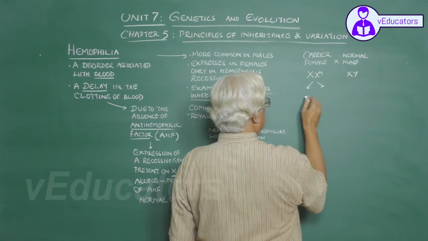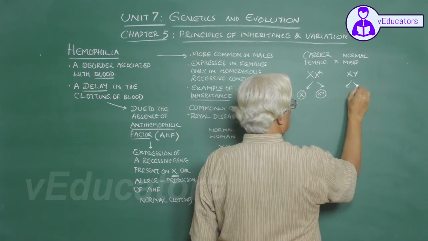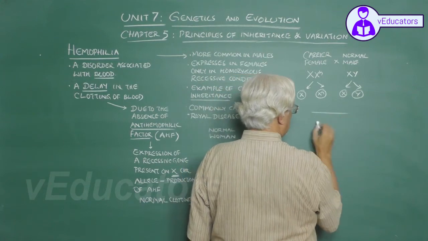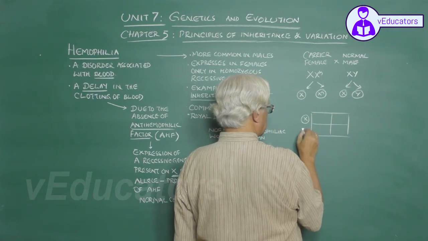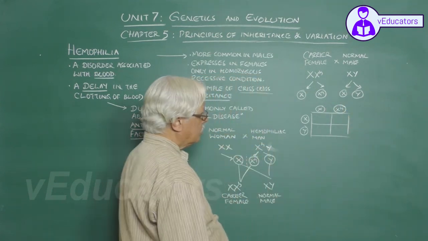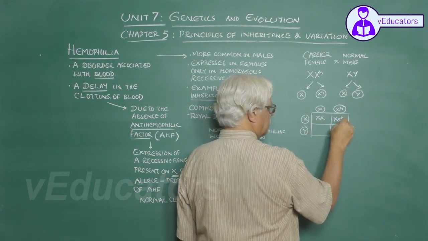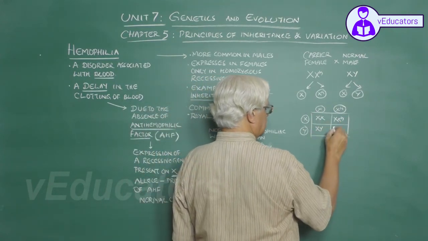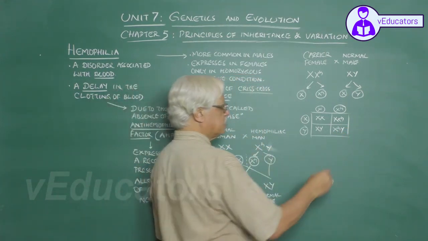Gametes, it can be either X or XH, and here X and Y. So possible combinations: this into this, XX, this into this, XXH, this into this, XY, this into this, XHY. These are the four possibilities.